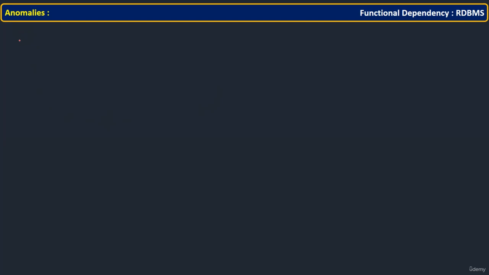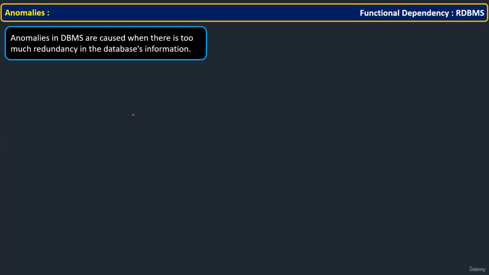What are all the different kinds of anomalies that are possible if you don't have a good plan for the table construction? That is why we go for normalization to handle them. One of the reasons for having normalization is to handle these anomalies. So first of all, what is this anomaly?